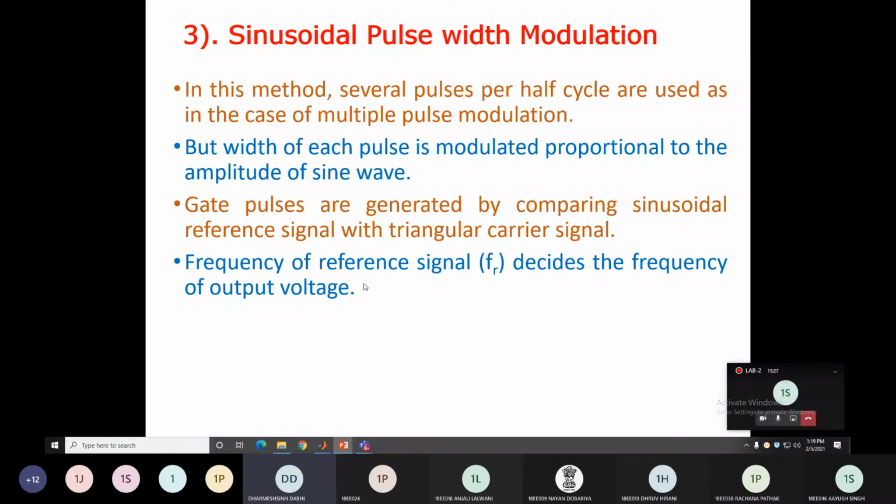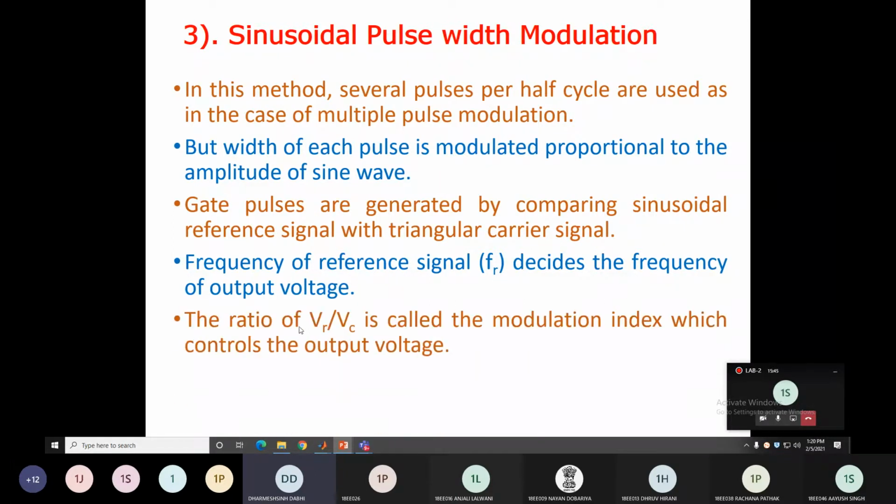The frequency of the reference signal, meaning the frequency of the sinusoidal signal, decides the frequency of your output voltage. Suppose you take a 50 Hz sinusoidal voltage as the reference signal, then your output voltage frequency is also the same as the reference wave frequency, 50 Hz. The ratio of VR by VC is called the modulation index, which controls the magnitude of the output voltage.